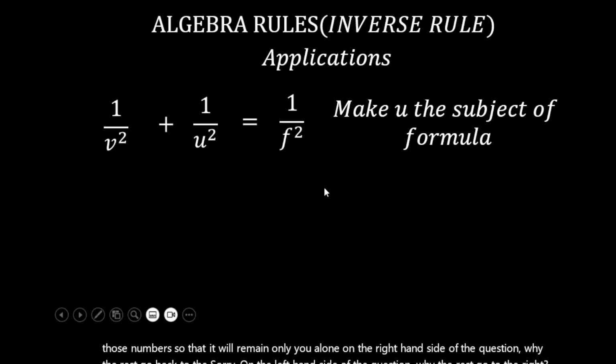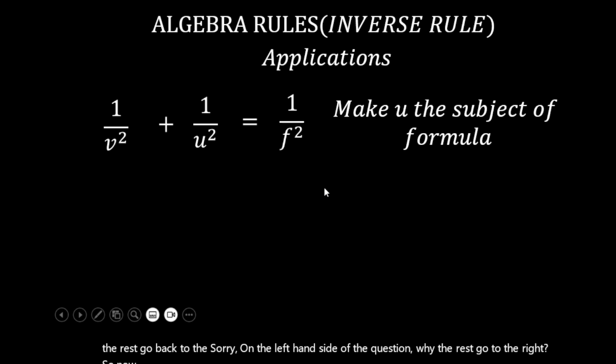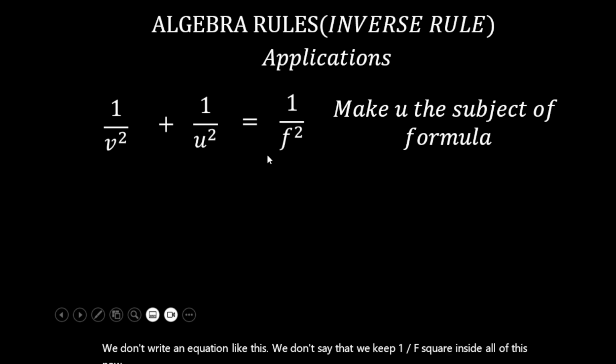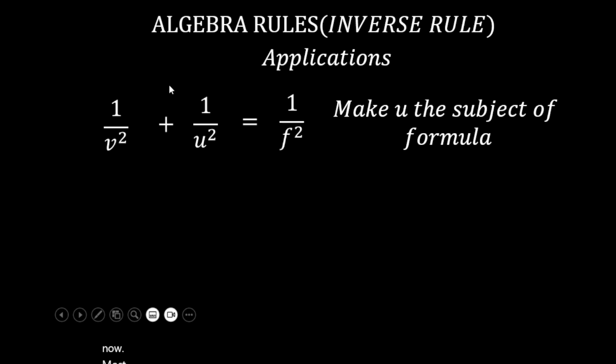Now, in a normal scenario, in the real world where we talk about applied mathematics, we don't write an equation like this. We don't say that we keep 1 over f squared inside all of this. No. In most cases, we have only one parameter representing many.